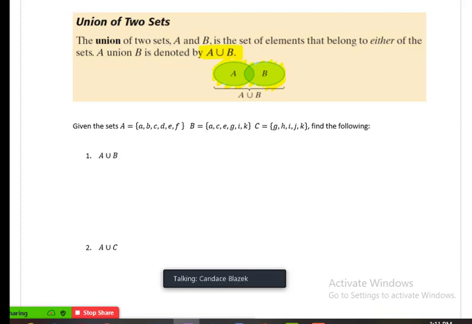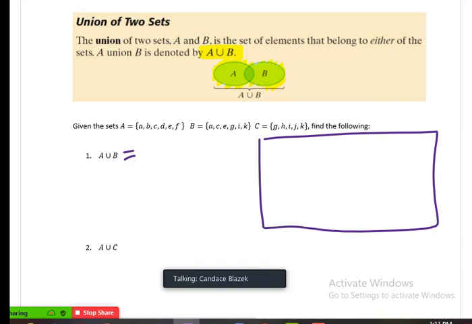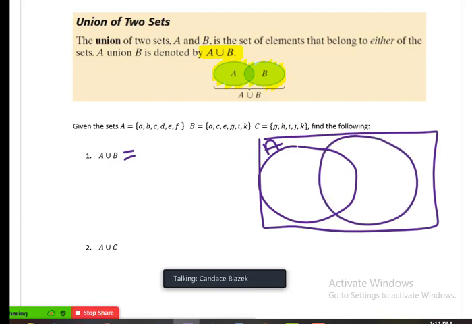So when I look at the first question here, they give us the three same sets that we had before. And I look at A union B. We can do the Venn diagram for this one. And here is A, and here is B, A union B. And I'm just going to plop these in like we looked at before.